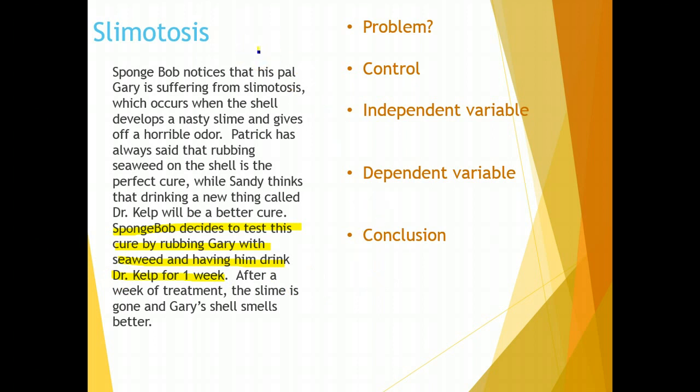So, what is the problem that SpongeBob wants to investigate? He notices that Gary has slimatosis. Think about the next item on the list, the control. Did SpongeBob really have a control group?